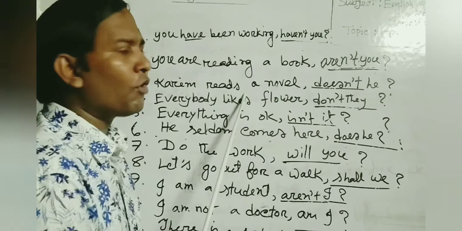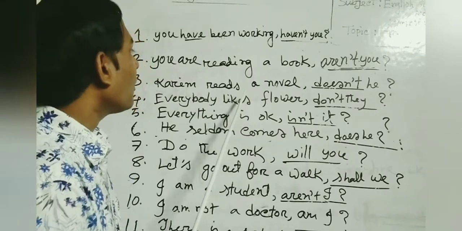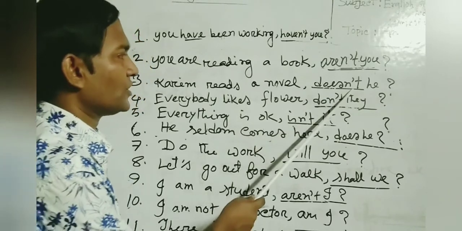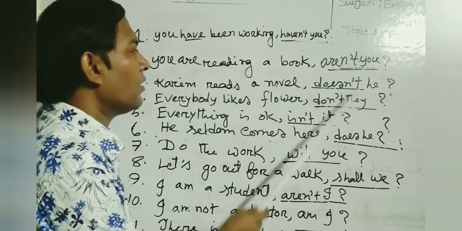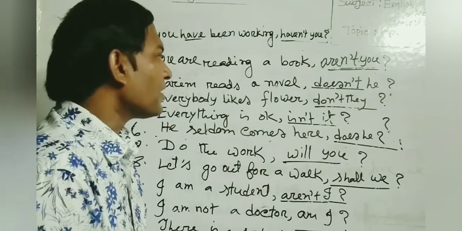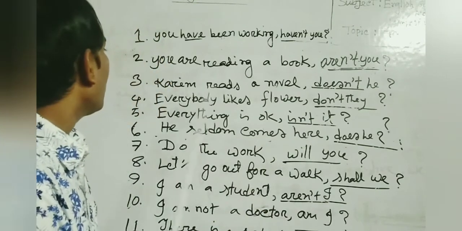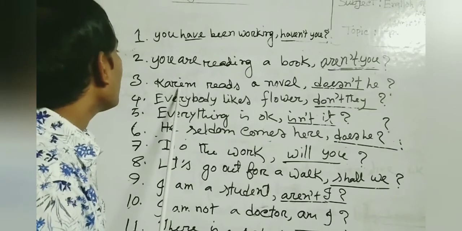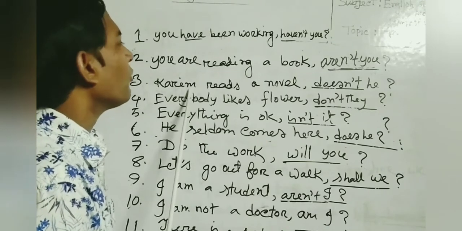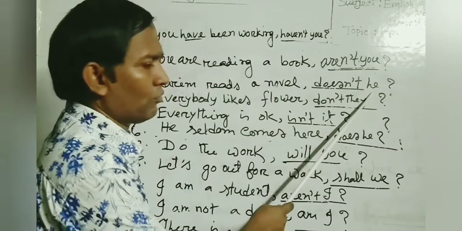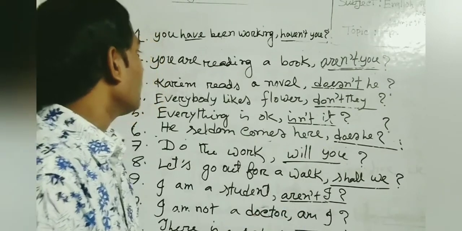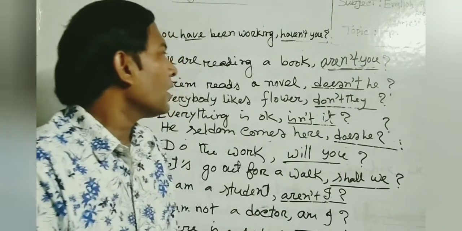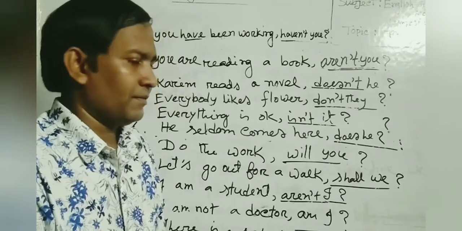There is no auxiliary verb, so we use does in the tag question. The tag will be doesn't he. Here Karim is a noun, so we use he as a pronoun. So the tag will be doesn't he.